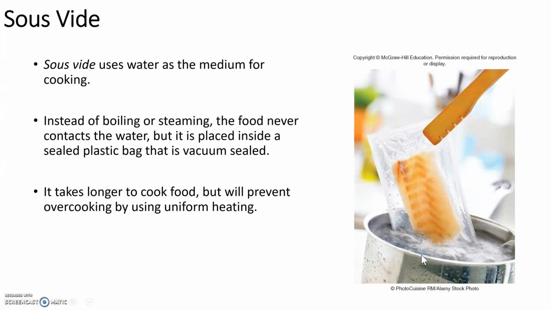The temperature at which you cook using this method can vary, but the key here is that you are using water, so that water is transferring the heat uniformly to your item that you're cooking. The difference in this method compared to direct boiling is that your food is in this vacuum sealed container, so the water doesn't directly contact the food. That direct contact of the water to the food will change the consistency of the food. So this is a way to use water to cook your food without having that water directly in contact with that food item.